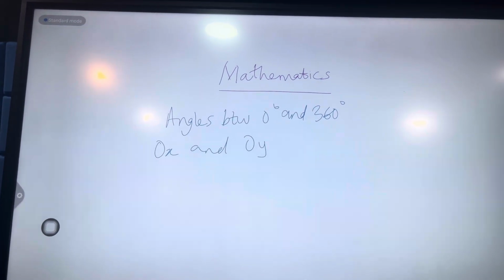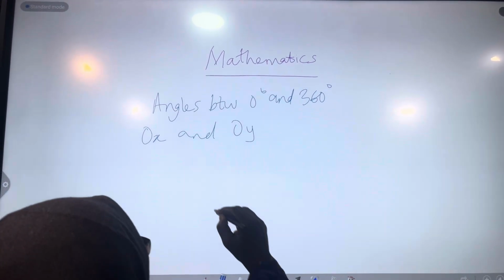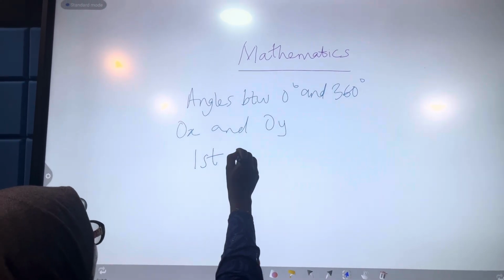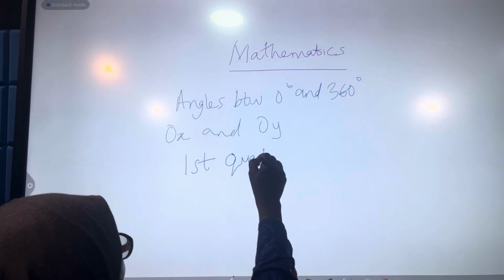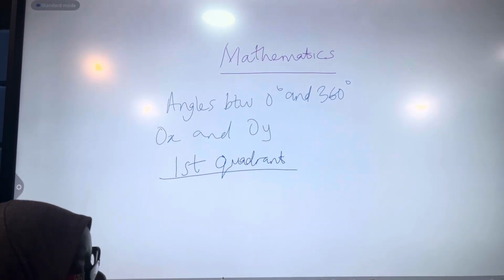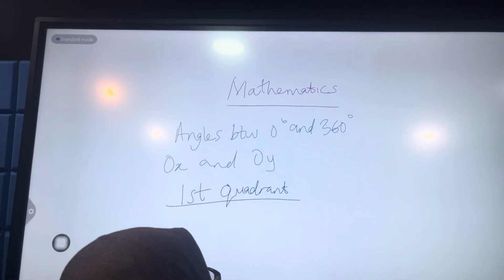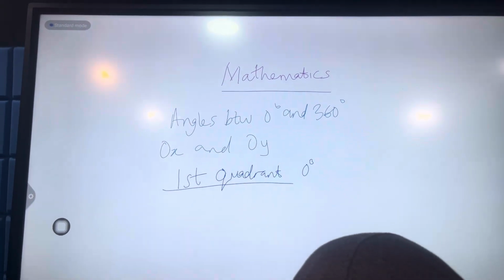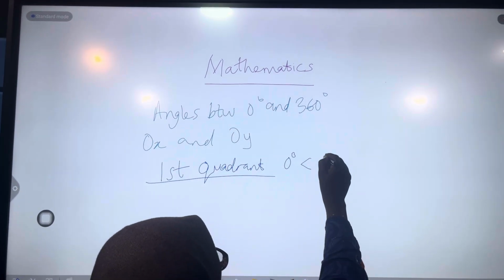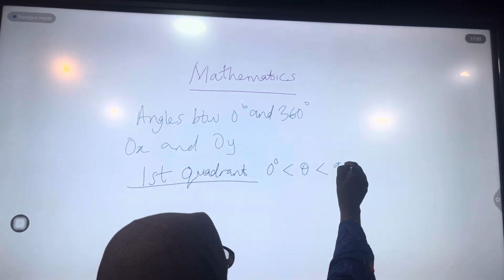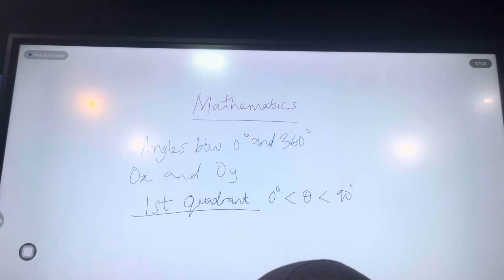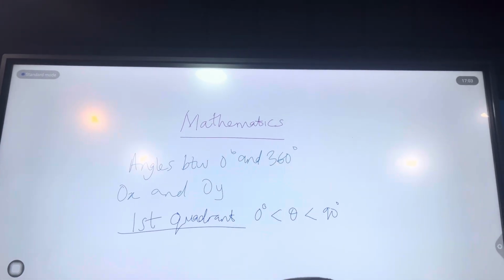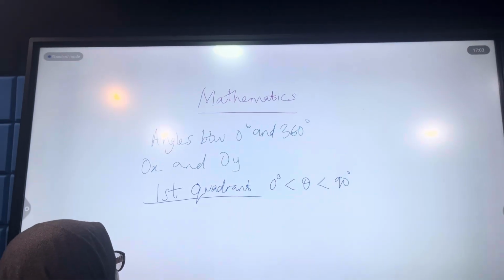Let's say I want to work on the first quadrant now. For the first quadrant, the angle moves from 0 degree, which is less than theta, and less than 90 degrees. That is for the first quadrant.